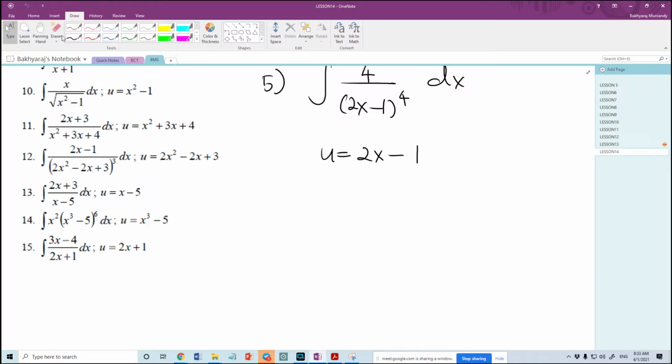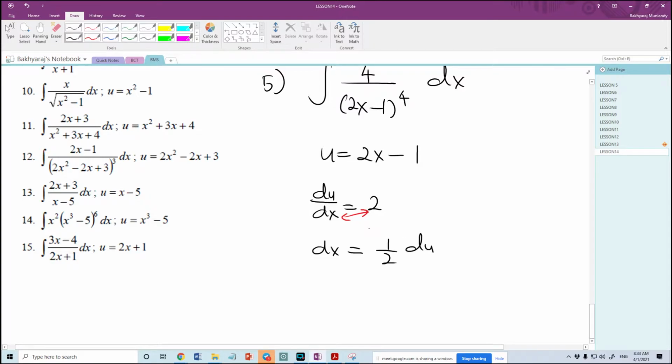You get du dx equals just 2, right? Because 2x becomes 2, minus 1 becomes 0. Now I need to manipulate this. I want dx, right? So dx will be, just change places here. So you get equal 1 over 2 du. Of course you can also write du over 2, that is also fine. You can write du over 2, then change back to 1 over 2 du, also can.